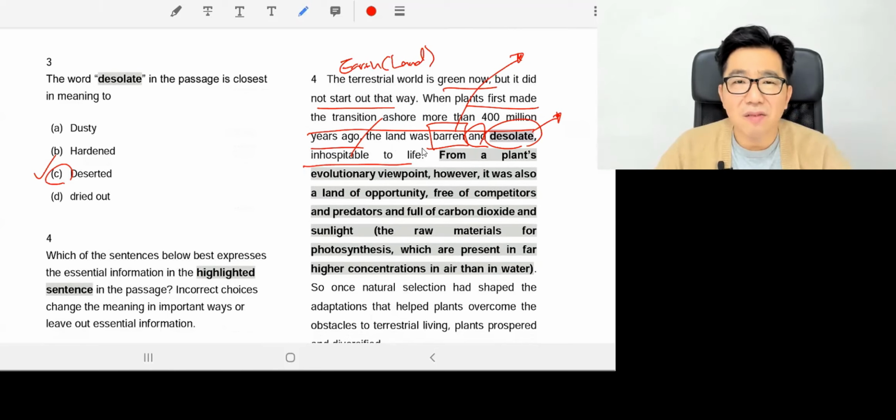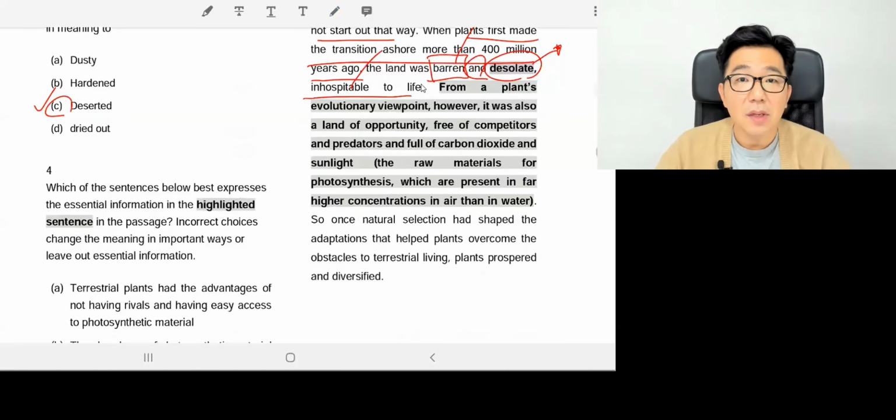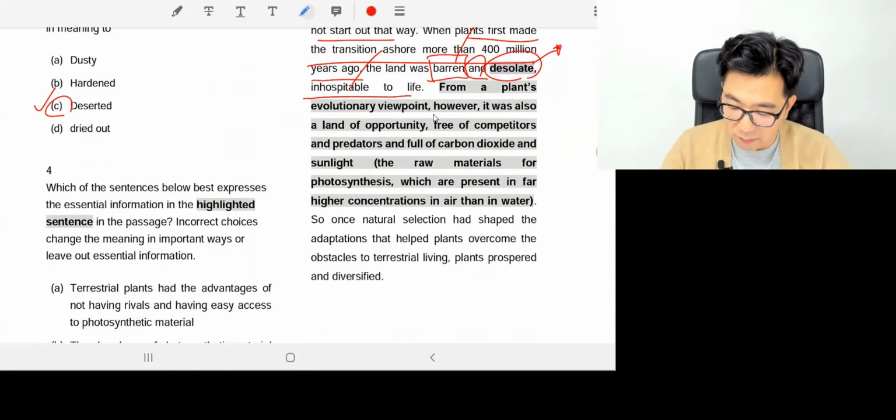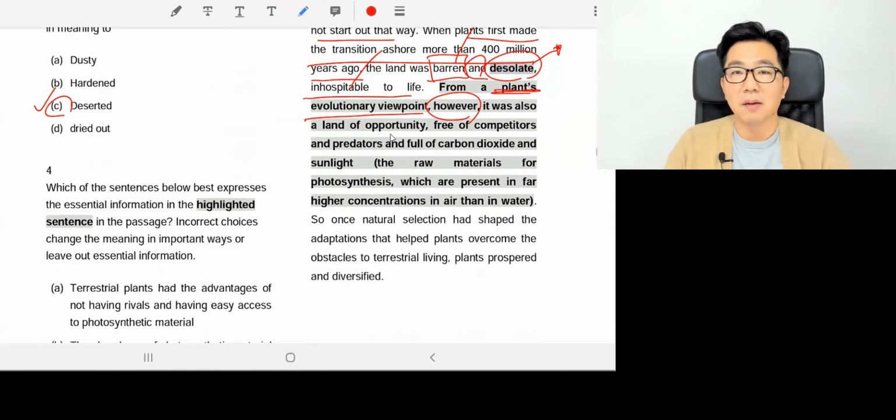So how did they survive on day one? Probably they'll tell us. From a plant's evolutionary viewpoint, however, okay, it's barren, like you can't survive, nothing there. But it was also a land of opportunity, really? Okay, so from an evolutionary viewpoint, it's a good opportunity. It's an American dream. Why?